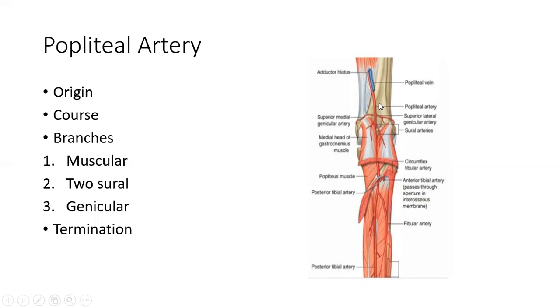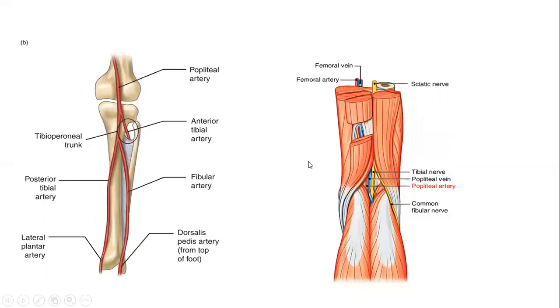In its course, it lies on the popliteal surface of the femur and the oblique popliteal ligament. Here is the popliteal surface of the femur, and around the posterior aspect of the knee joint we have a ligament called the oblique popliteal ligament. And then further downwards, we have the popliteus muscle.